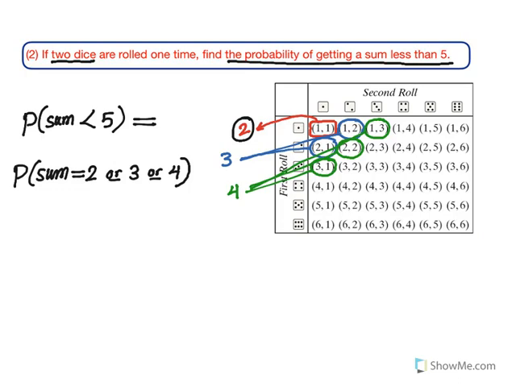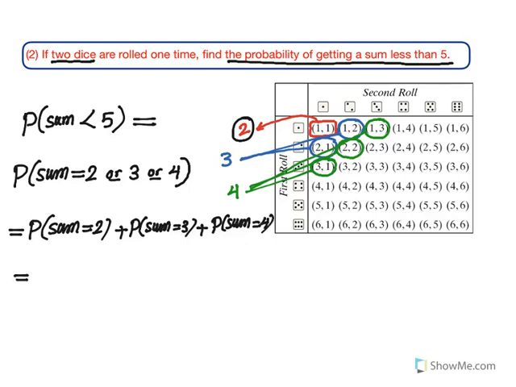So the probability of OR is the same as the probability of sum is 2, plus the probability of sum is 3, plus the probability of sum is 4. And notice that these are all mutually exclusive events. You can't have the sum 2 and 3 at the same time.